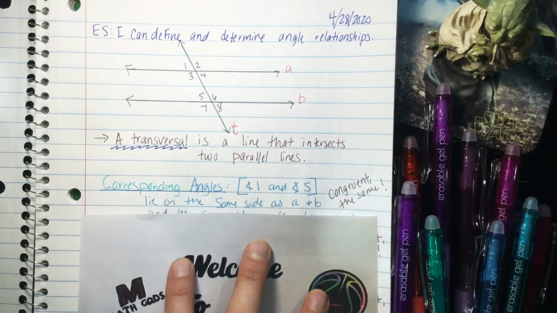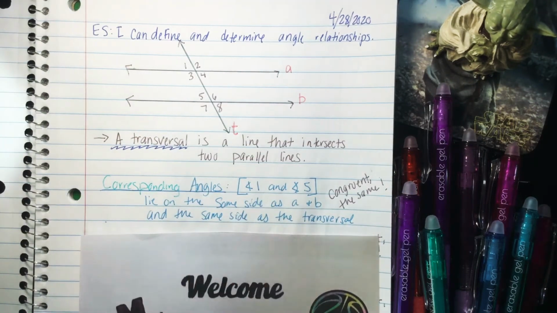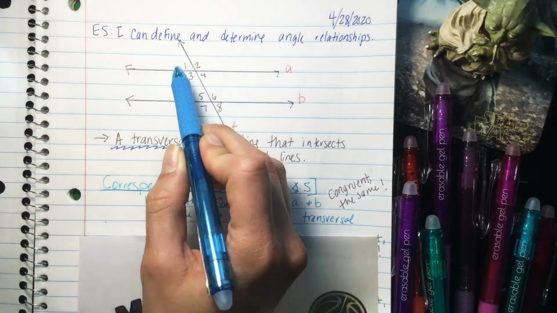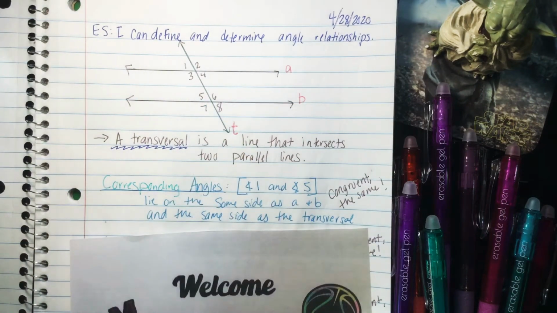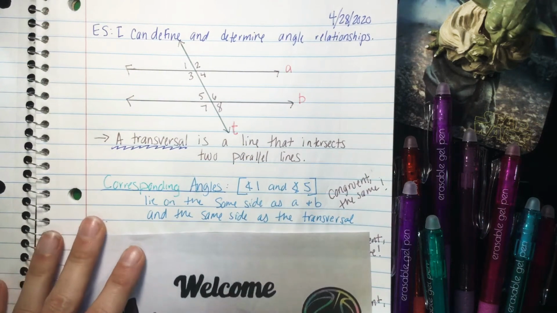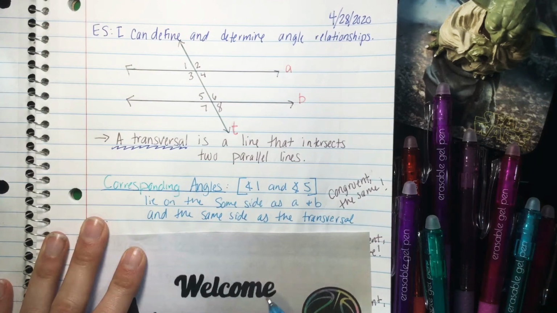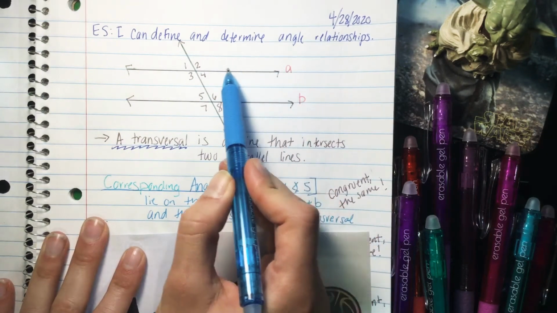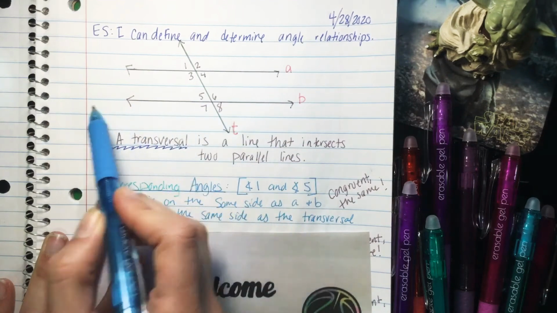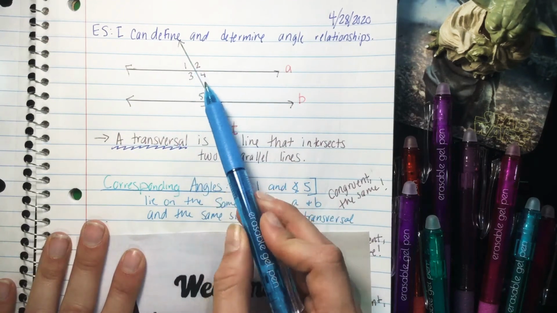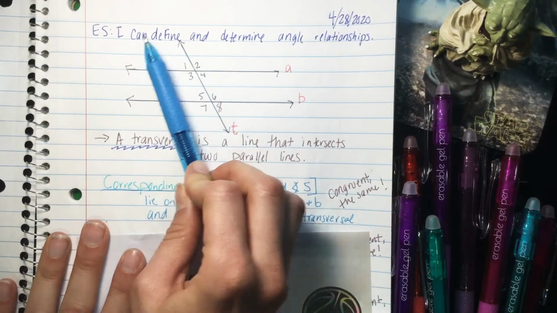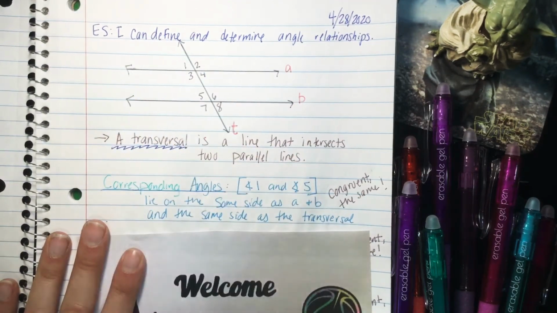All right, so we're first going to start off with corresponding angles. So corresponding angles, an example of that would be angle 1 and angle 5. Okay, so corresponding angles lie on the same side as A and B. So this is line A and this is line B. So they lie on the same side, so they're both on this side of the transversal.